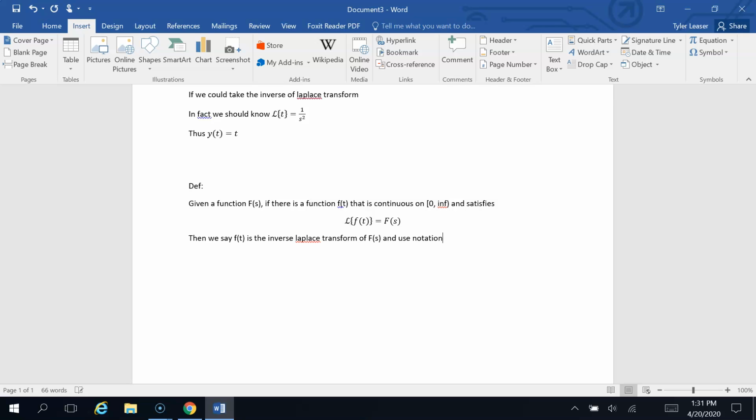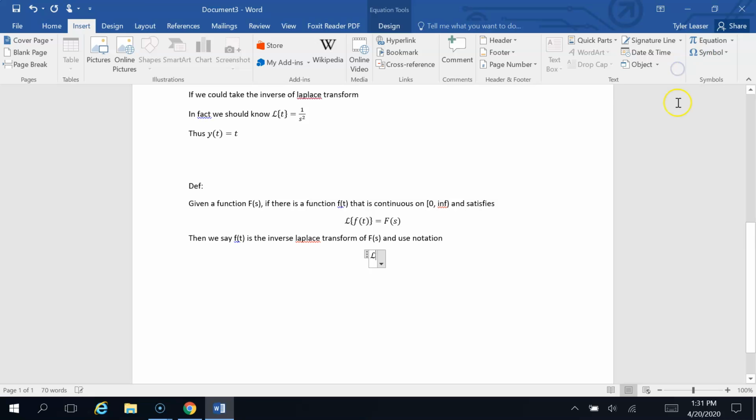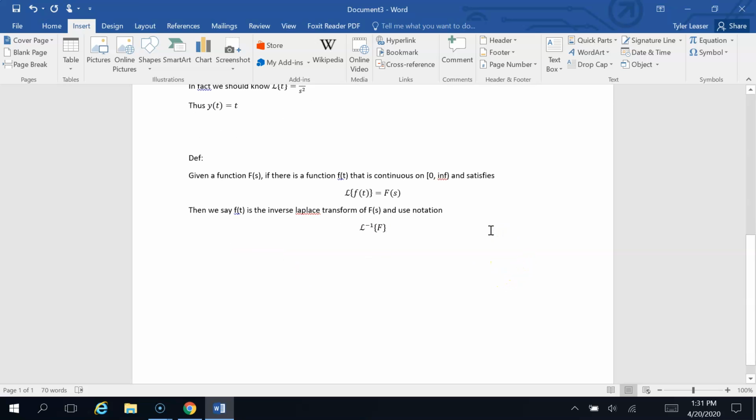And we use the notation, and I hope this notation is pretty obvious, but we do the Laplace inverse of capital F. So this represents little f of t. The inverse Laplace transform of the Laplace transform just gets us back to the original function. And there's not like an easy way to do it.